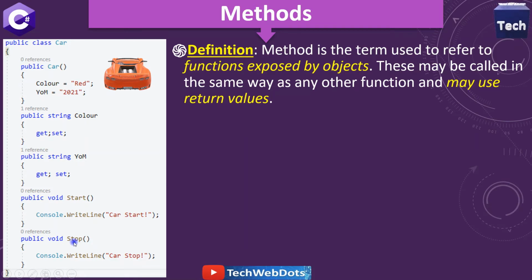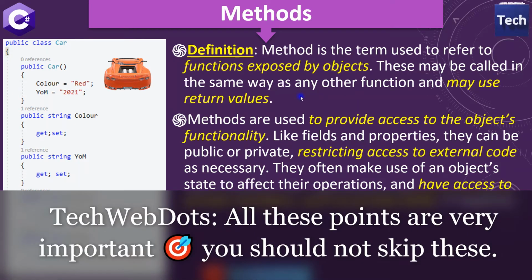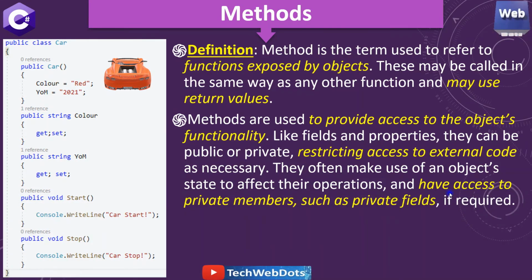Otherwise in real scenarios it can be a string, it can be an integer, it can be a task, it can be anything which is actually valid in C#. These may be called in the same way as any other function and may return values. Methods are used to provide access to the object's functionality, like the fields and properties we have just seen. They can be public or private, restricting access to external code as necessary.